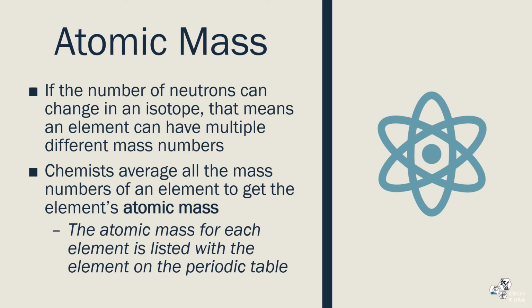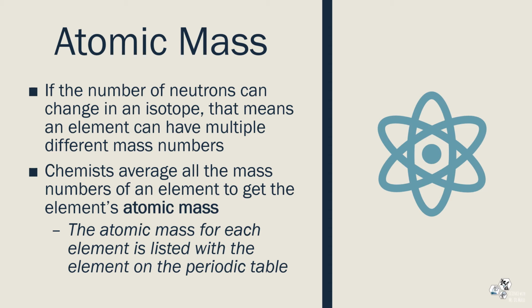Now, we talked about the mass number, but what about the mass when we have a bunch of different isotopes? I can take a sample and have different isotopes within the same sample. So how do I take the mass of that if they're all going to have different mass numbers? Well, this is where we use something called the atomic mass. It is the average of all the mass numbers of all the isotopes of an element that we find in nature.